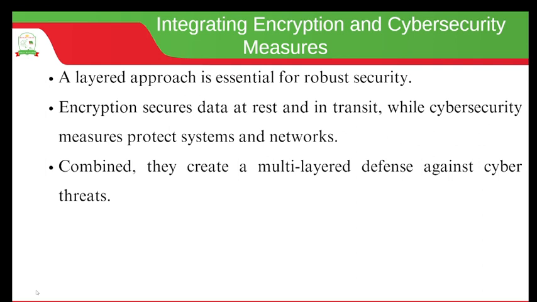And finally, combined, they create a multi-layered defense. So the aim is to create a defense that cannot be easily hacked or interfered with by whoever intends to interfere with it or cause a data breach.